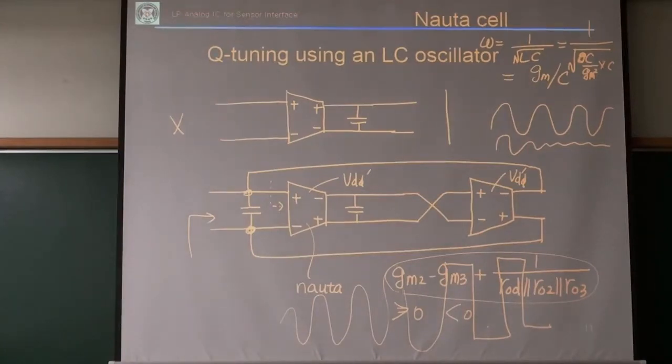So for the proper VDD prime value, this becomes 0 and we will have constant amplitude oscillation, right? That's Q tuning. We can adjust this GM by using some phase-locked loop to set the oscillation frequency to a fixed frequency. Okay? So we have two kinds of tuning circuit.